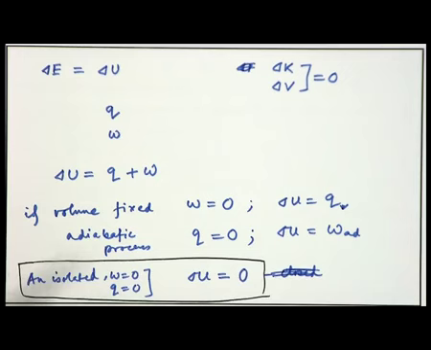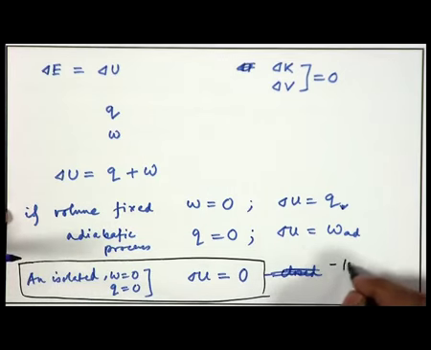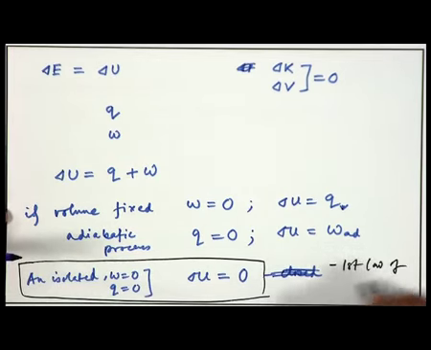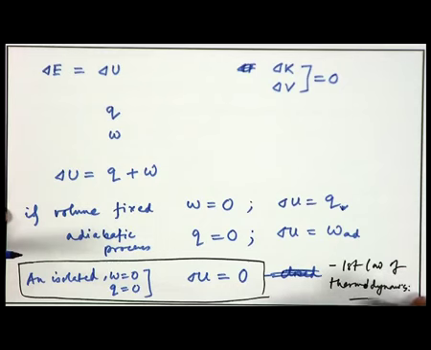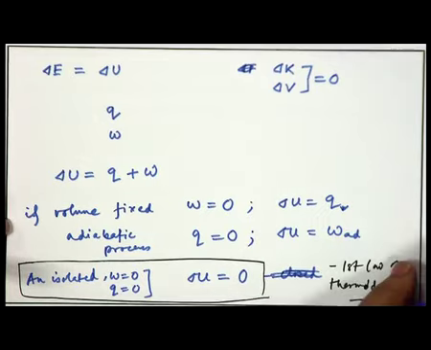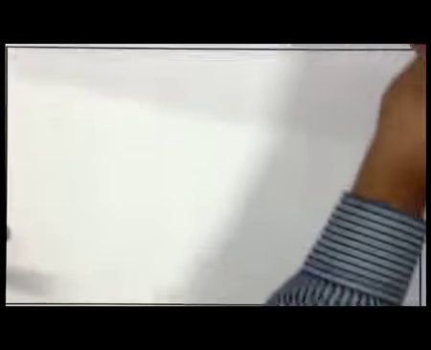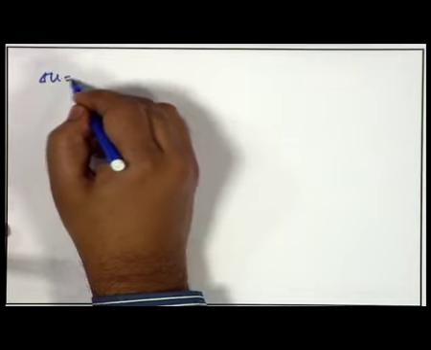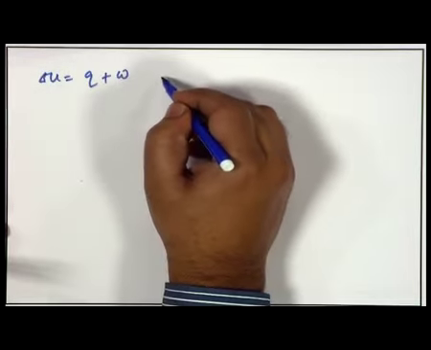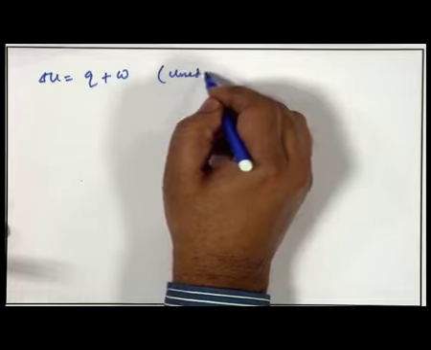So, that is the mathematical description of first law of thermodynamics, which says that for an isolated system, there is no change in internal energy, and for any general process, del U is Q plus W. Now, we are talking about closed system in this case.